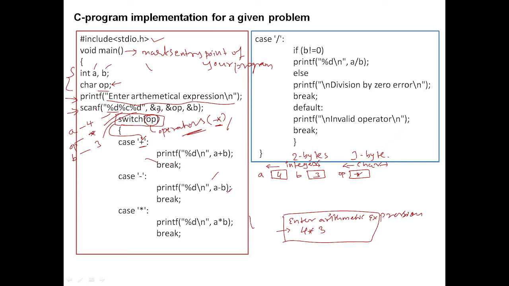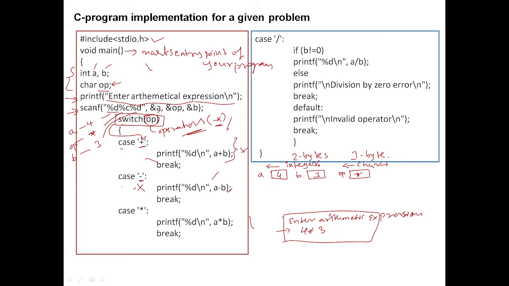Since this is not matching, the first case will not be executed and is skipped. It will go to the second case, where the case value is subtraction, but the OP value is multiplication. Again there is no match, so the second case will also be skipped.